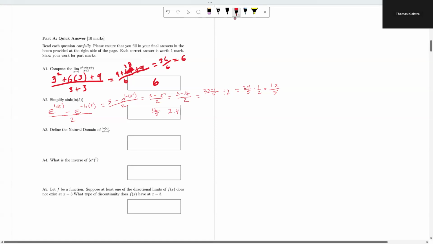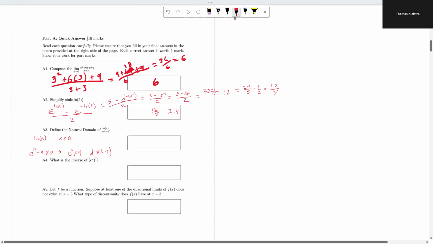Okay. Now for our natural domain. For natural domain, we have the ln of x. For this to be defined, x needs to be greater than 0. And e to the x minus 4 cannot equal 0, which implies e to the x cannot equal 4, or x cannot equal ln of 4.